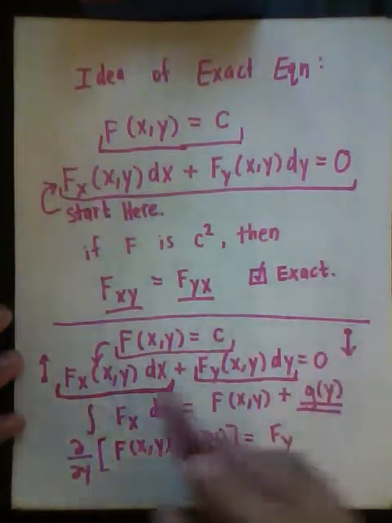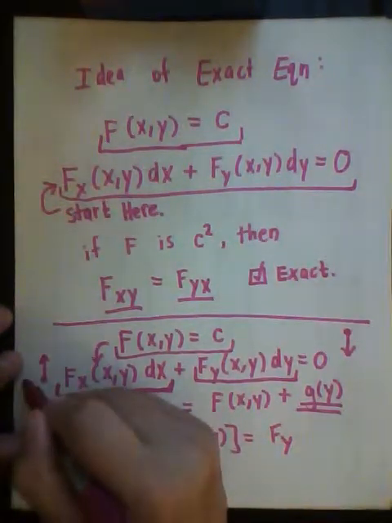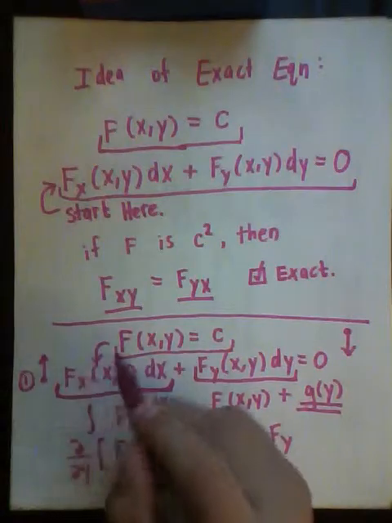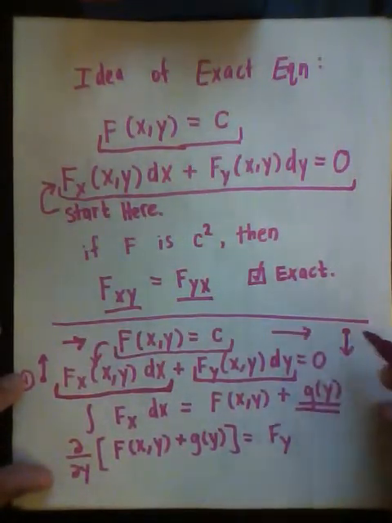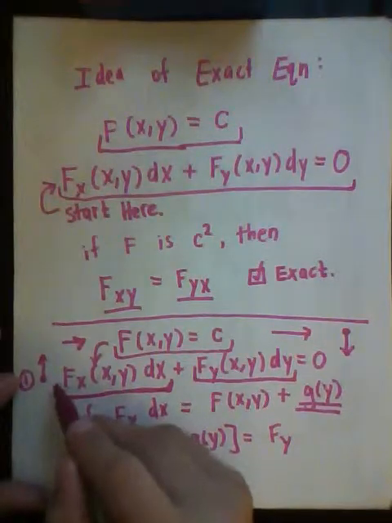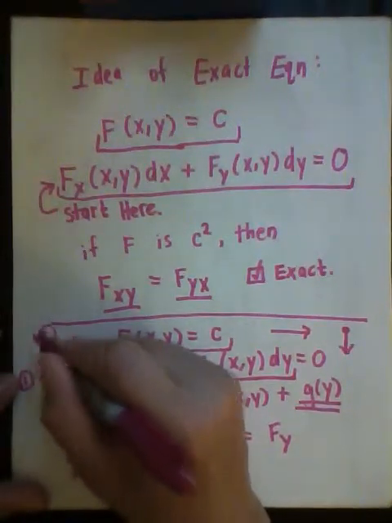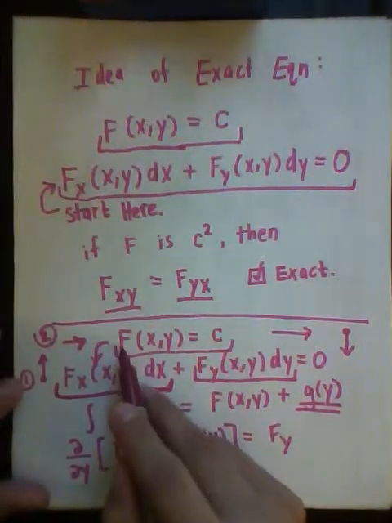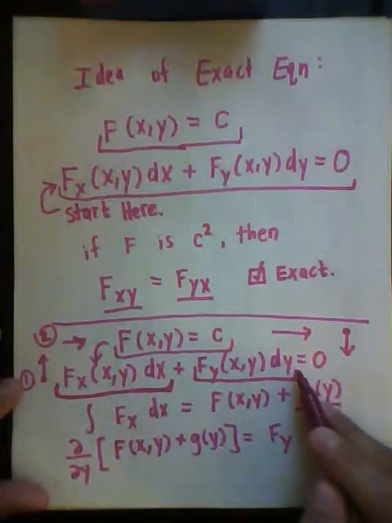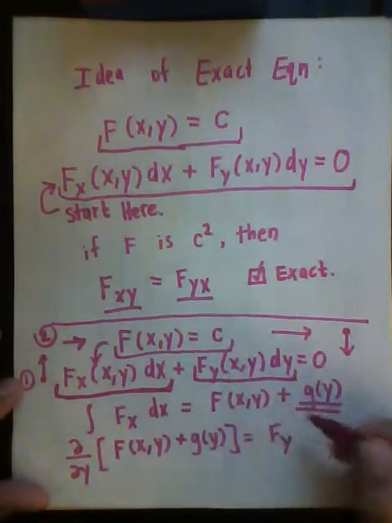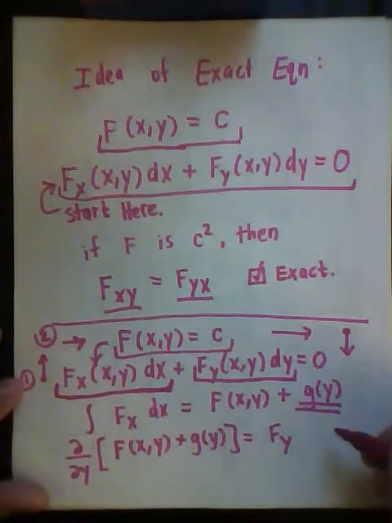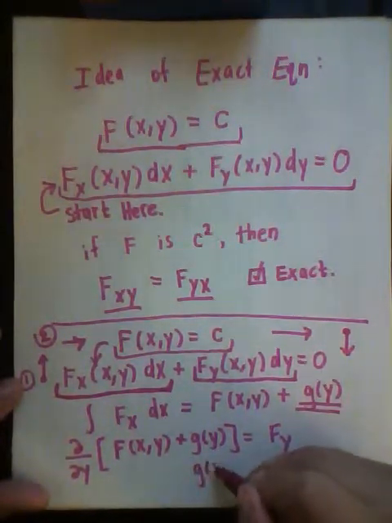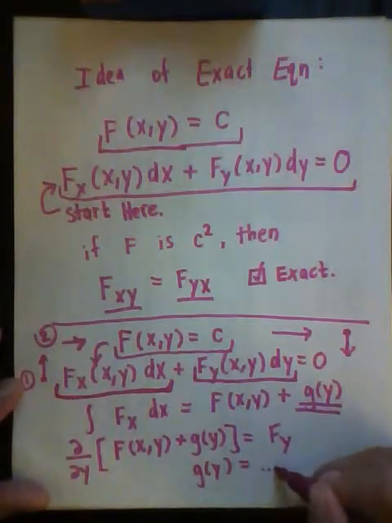So basically, you're given the function, and then you start here to get the function, and then you take its derivative to get you back down to this y. And when you make some comparisons here, you can figure out what g of y equals.